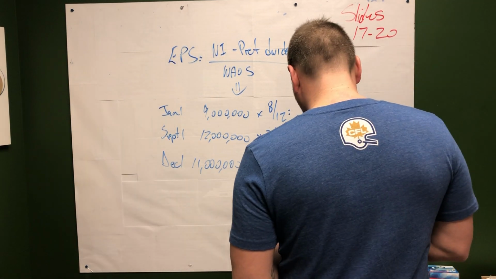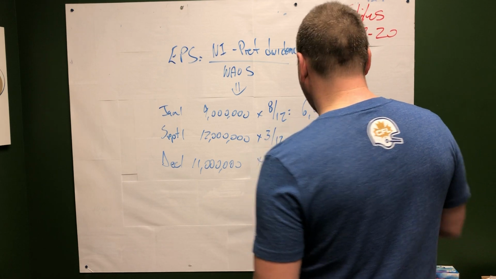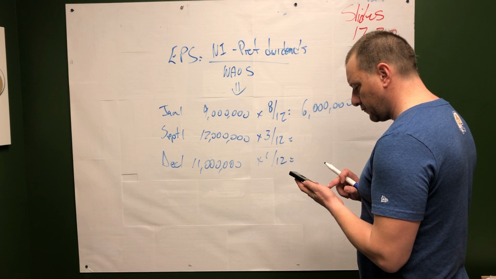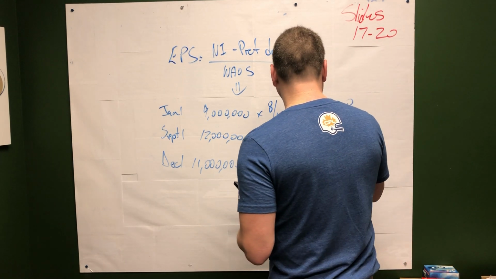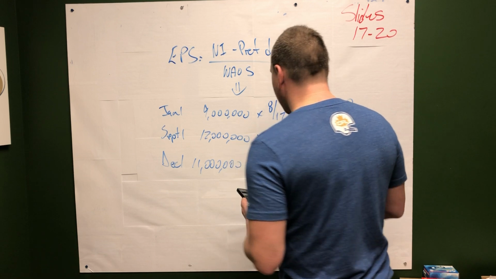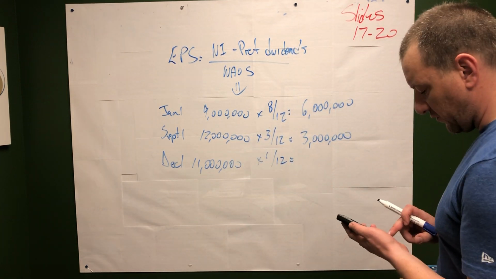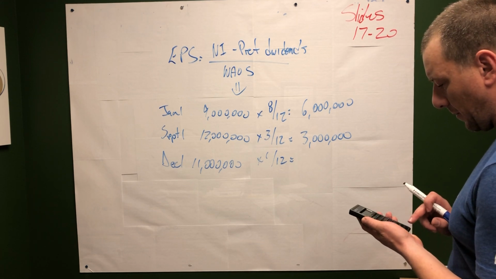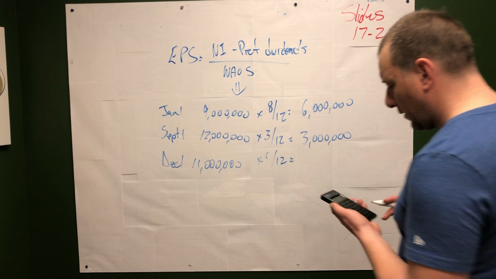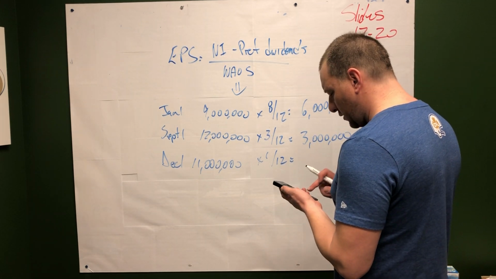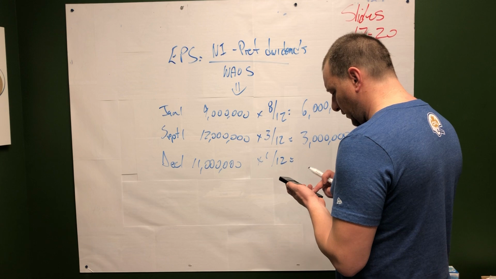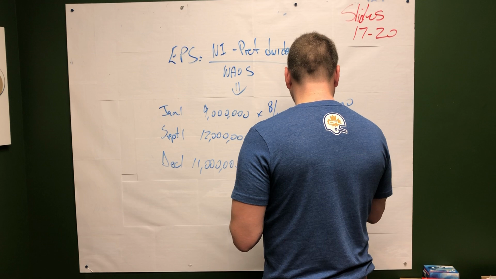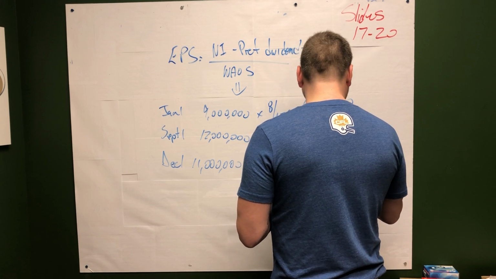Okay, so we'll take 3/12, which is 25%, times 12 million, and that'll work out to 3 million. And then we take our 1 month, so 1 divided by 12 times 11 million equals 916,666.